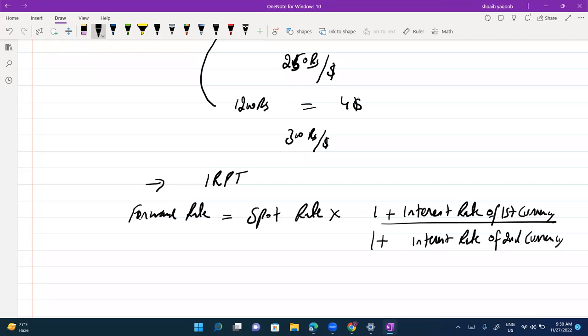First currency means the numerator currency, second currency means the denominator currency. So if you have the spot rate, if you have the two different interest rates, you can predict the forward rate.